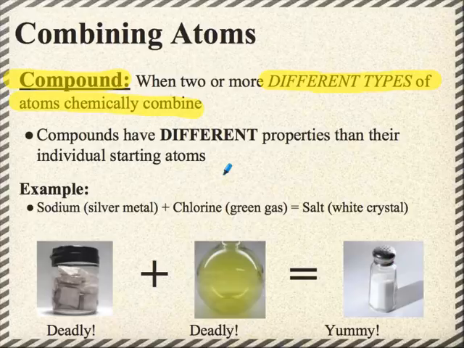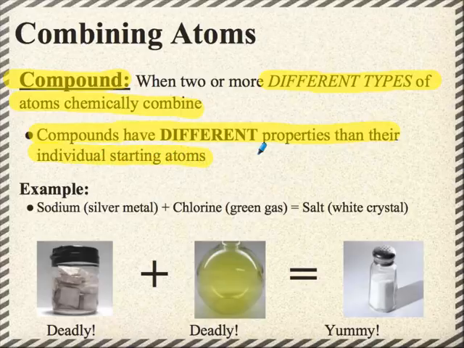Now, the thing that we talked about is this: when you create a compound, the final compound is going to be drastically different than what the elements were to begin with. For example, sodium is very deadly. Chlorine is also very deadly.